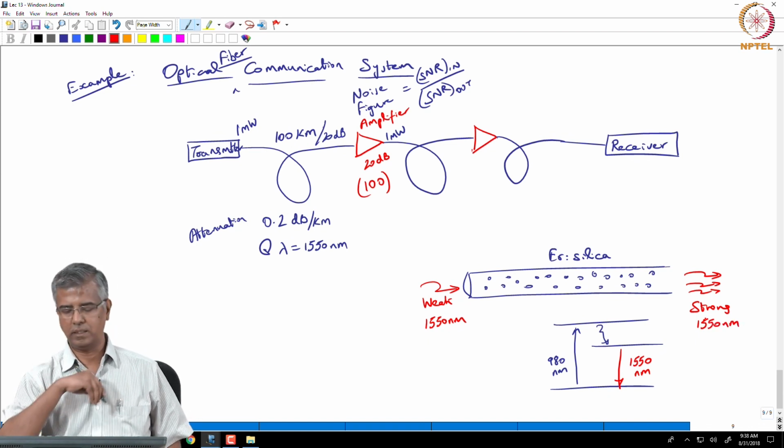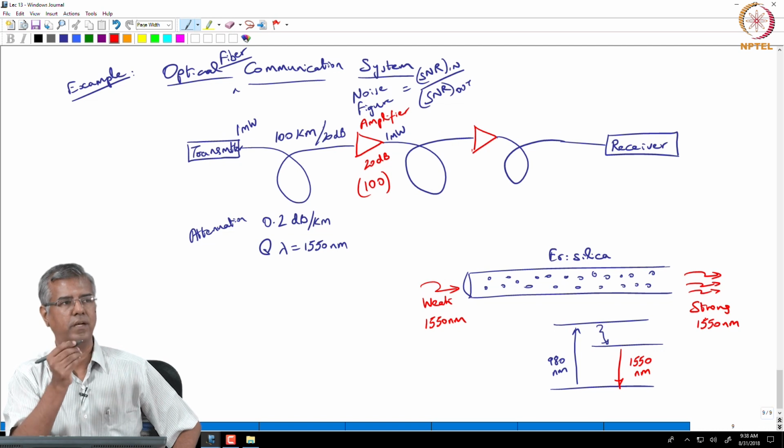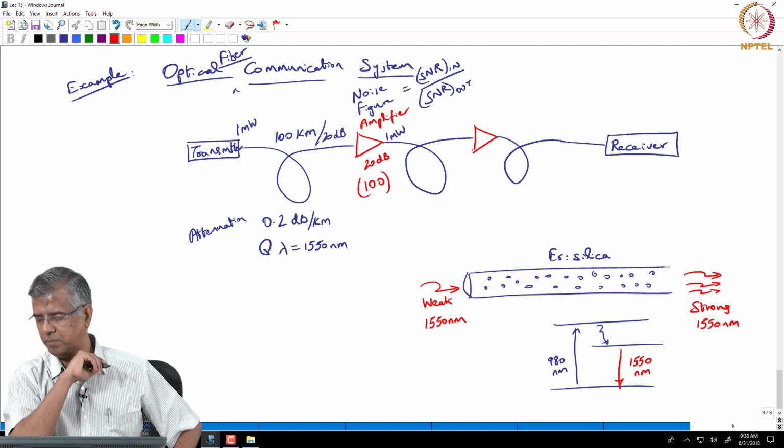The photons are counted in terms of their flux density. So the input flux density is very low, but the output flux density is very high.